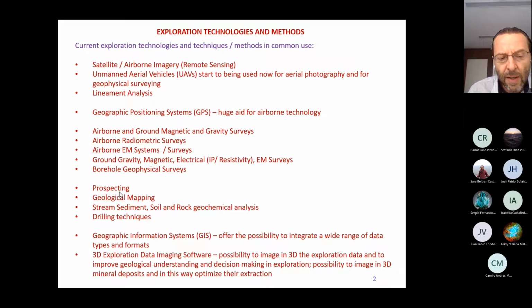It says prospecting, geological mapping, and stream sediment, soil, and rock geochemistry. So basically, companies will have people on the ground to map the ground, to take samples, and to prospect, to see if they can find any evidence of mineralization.